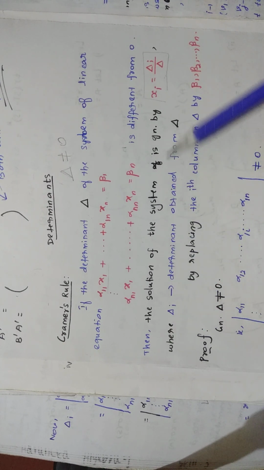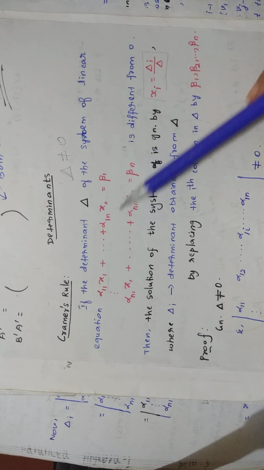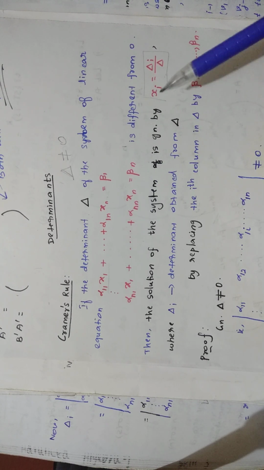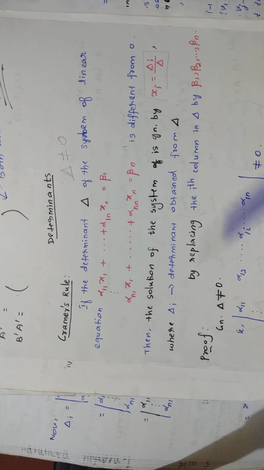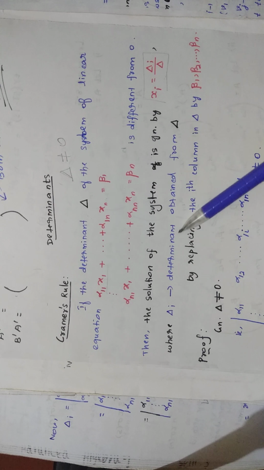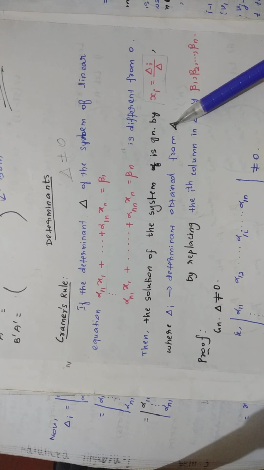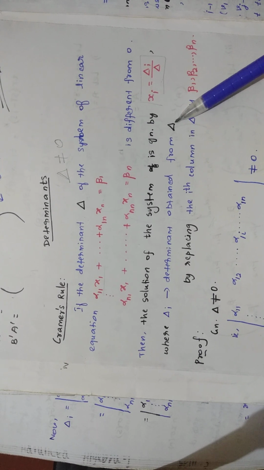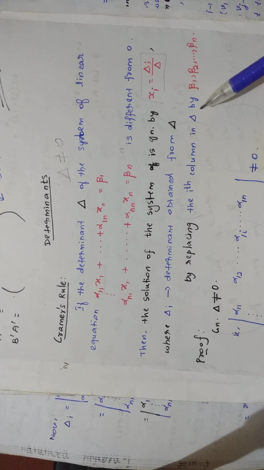Then the solution of the system is given by this. That is what we have to prove at the end. They are saying that delta I is also a determinant. How do you get this determinant from delta? By replacing the ith column in delta.